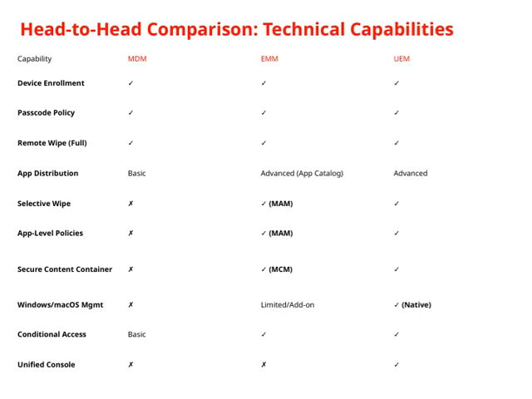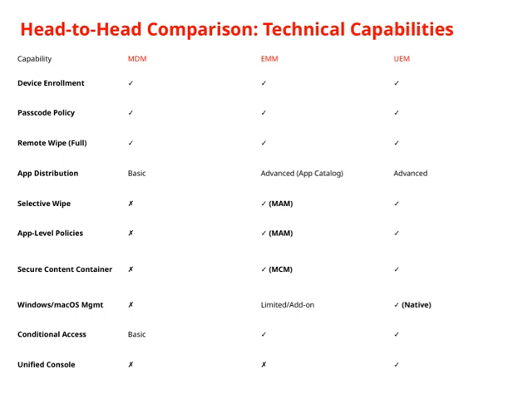Let's take a closer look at the head-to-head comparison of these management capabilities across MDM, EMM, and UEM solutions. Starting with device enrollment, all three options, MDM, EMM, and UEM, offer this feature, which is fundamental for onboarding devices securely and efficiently.